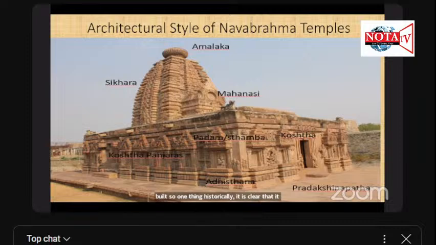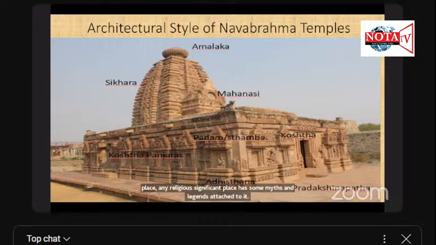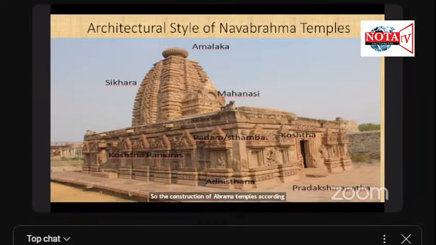But every place has some myths, Sthala Puranas and legends. Not only Alampur, any religiously significant place has some myths and legends attached to it. So the construction of these Navabrahma temples, according to the legend, is attributed to one person, a devotee of Shiva.